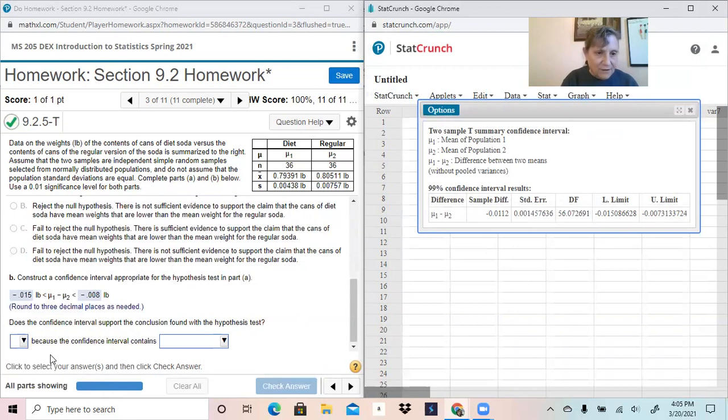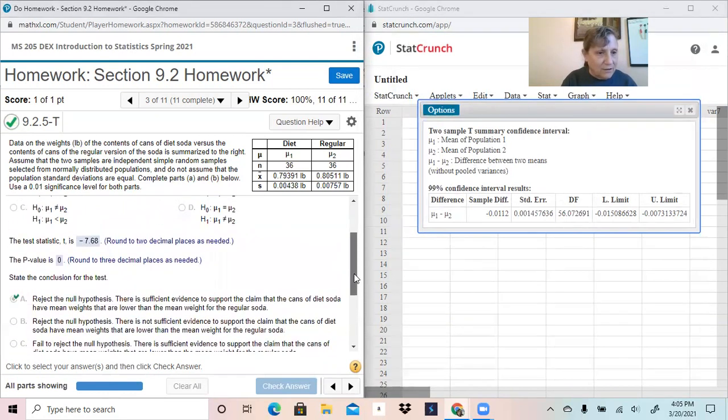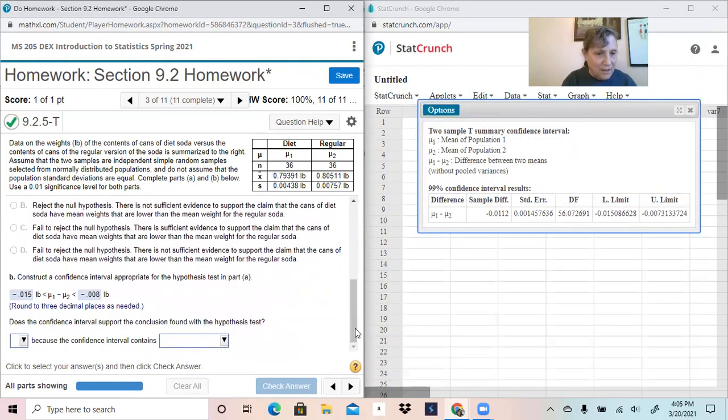Does the confidence interval support the conclusion? Of course, before we concluded that the probability was 0, we would reject the null. Here, because this does not contain 0, we're saying that the means are different, that their difference is not 0.